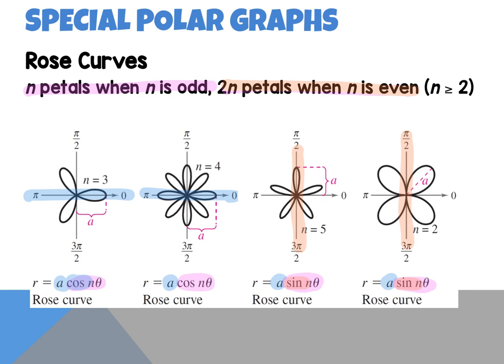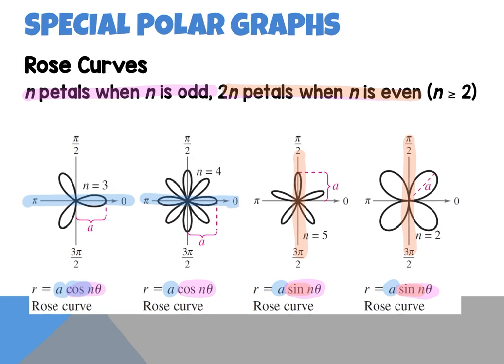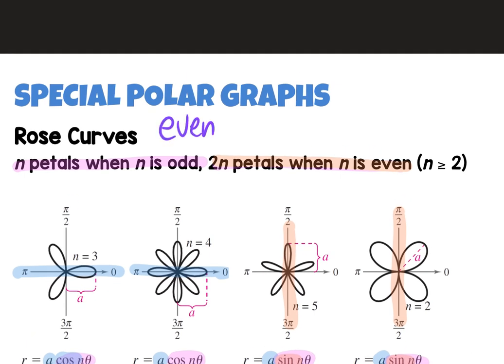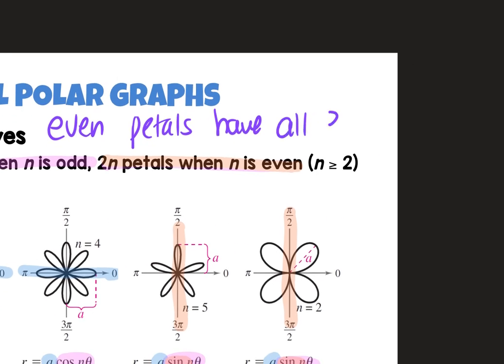If it has an even number, it's going to have both polar axis and pi over 2, and that means it's got symmetry to the pole too. So an even number of petals have all 3 types of symmetry.